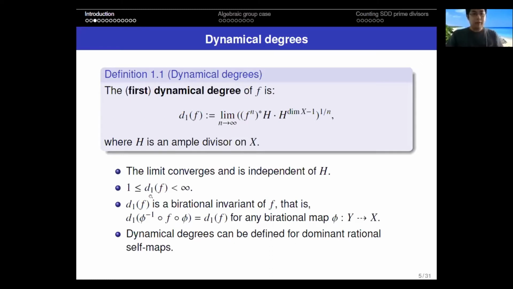And D1F is a birational invariant of F. This means that if we take a birational conjugate of F by any birational map, then D1 is preserved. And dynamical degrees can be defined for any dominant rational self-maps.